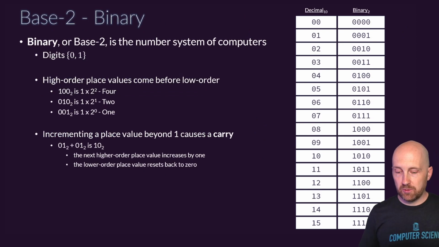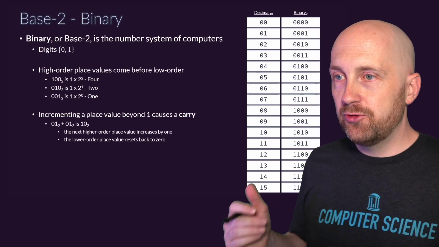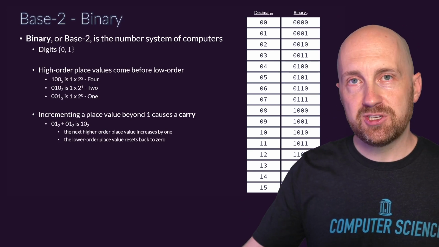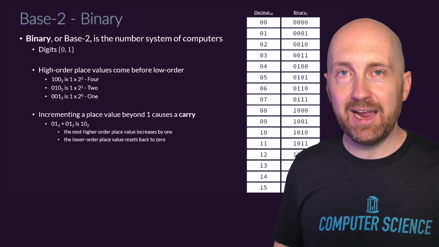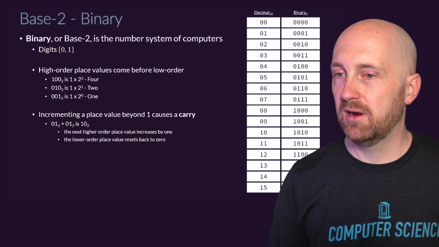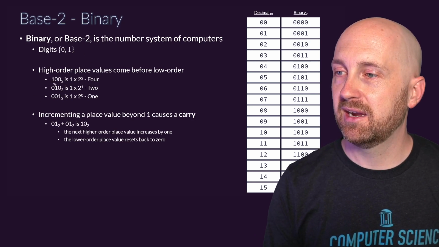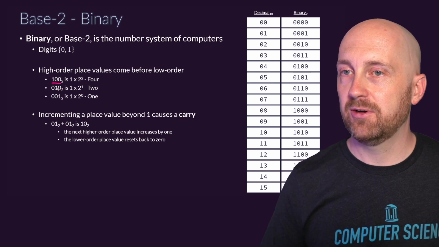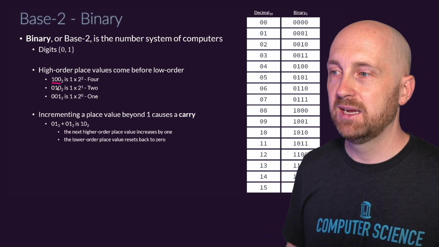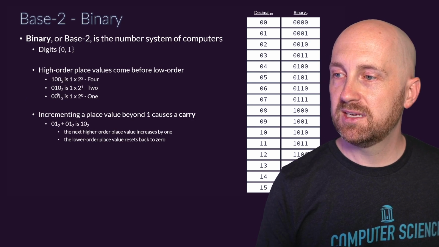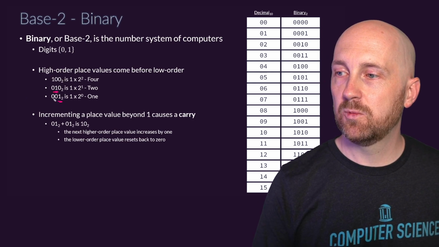So just like we saw with base 10, there's 2 digits in base 2, 0 and 1. And as we just discussed, we think of the high order place as the leftmost in a binary sequence of bits when we're thinking about unsigned integer representations, right? So this one is in the 4's position, this one is in the 2's position, and this one is in the 1's position.